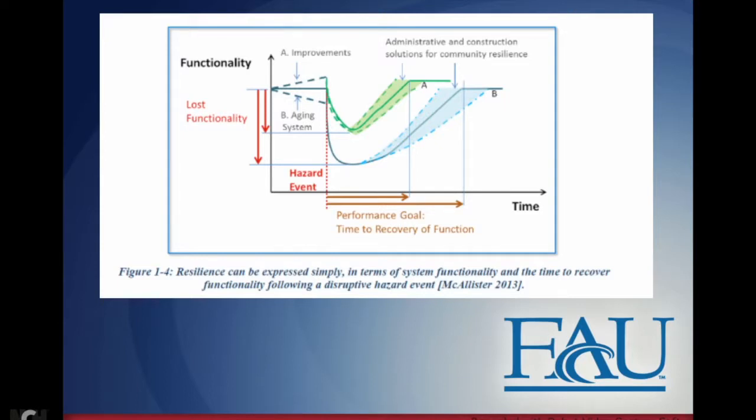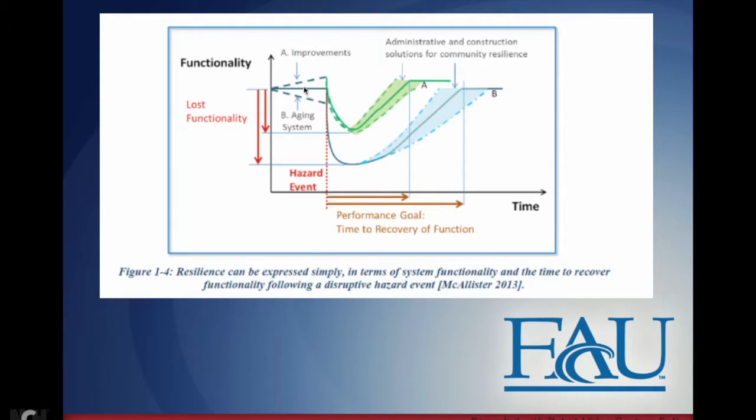So this is more or less the diagram that defines resilience. We have time along the x-axis. As we're plotting along, there is an aging system, which means infrastructure's functionality is decreasing. Or we might be maintaining our system, in which case functionality remains constant.